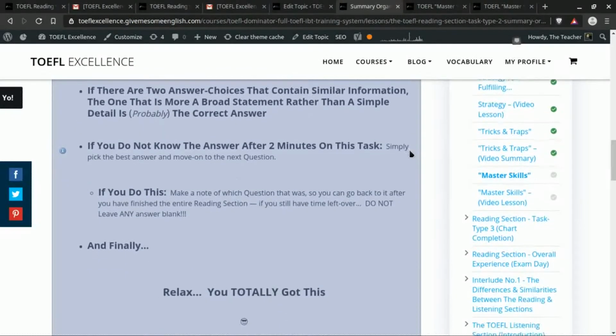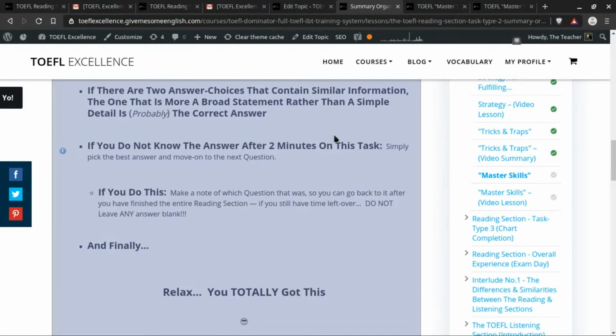All right, so if there are two answer choices that contain similar information, the one which is more of a broad statement, and by that I mean it's a little bit more general and probably covers information from the text that covers more time. In other words, it might mention something which covered more of the time period of the whole subject of what they're talking about. One of the examples that we had was that Gustav Klimt liked to paint with gold.